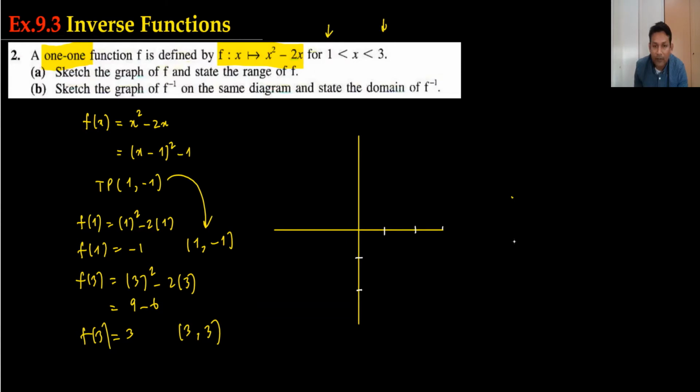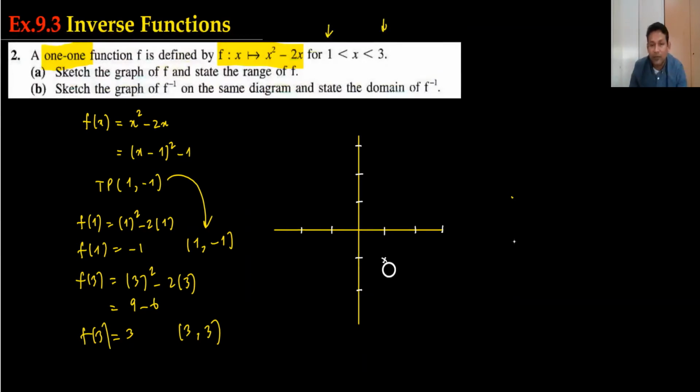So we can make till 3. Remember, when you draw the sketch of an inverse function, the scale should be the same, this distance and this distance on the x-axis and y-axis should be exactly the same, otherwise it's not possible to draw the inverse function sketch. So 1, minus 1 is this coordinate, and this is my method.